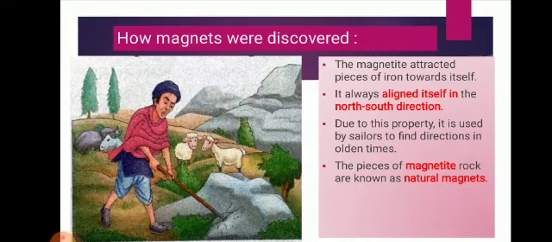So pieces of magnetite rock are known as natural magnets. If in a question it is asked to name the natural magnet, then the answer is magnetite. Clear?